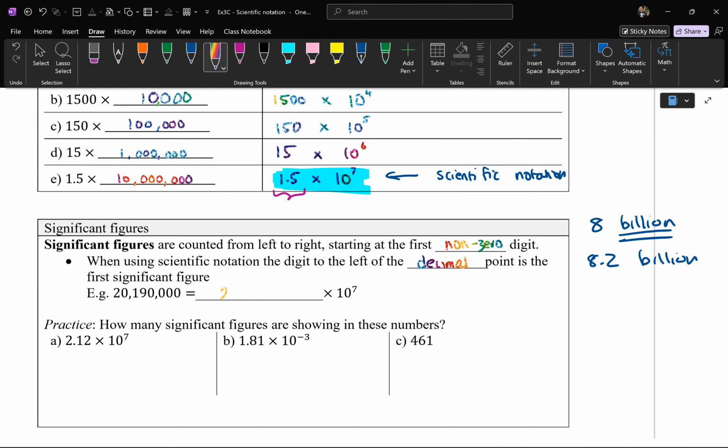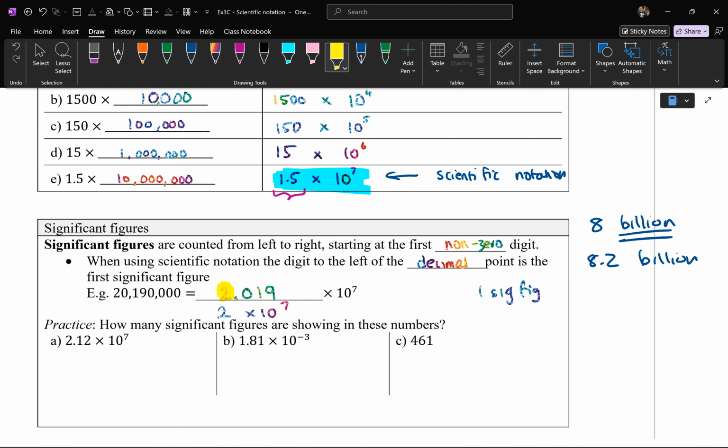Now, if you wrote that, 2.019, this is the proper scientific notation. That's how we do it. But you see, some of the questions might ask you, I only want 1 significant figure. If they only want 1 significant figure, so 1 fig, then your answer would be 2 times 10 to the power 7, because the first digit is all they care about.